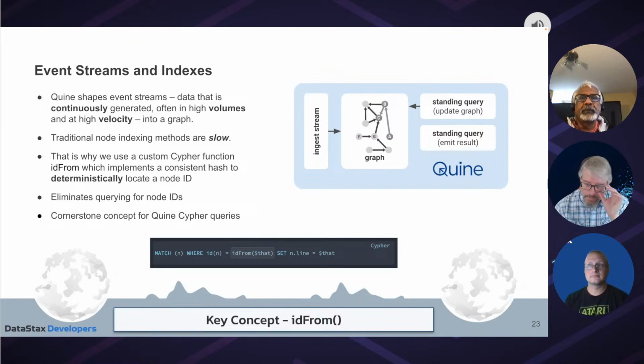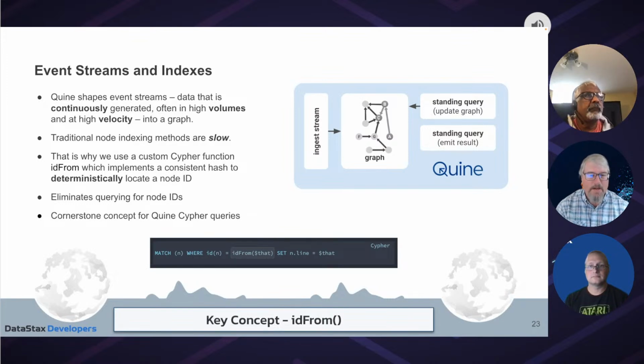And to be able to do that, we had to rethink the way that we approach indexing inside of the graph itself. Traditional indexing, where every node gets a sequential index or something like that, means you have to go look for the node and then get the index for the node.